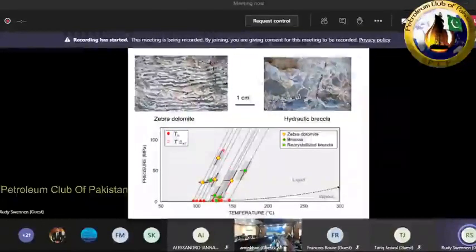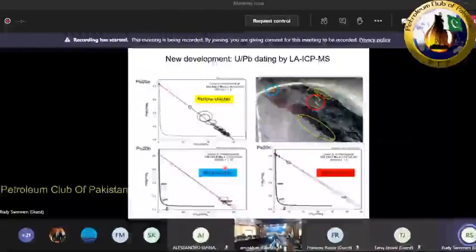And you can see in this case that the zebra dolomites testify of much higher pressures than, for example, the hydraulic breccias that has been studied in this study. So this is a way, to some extent, to calculate the paleo pressures.